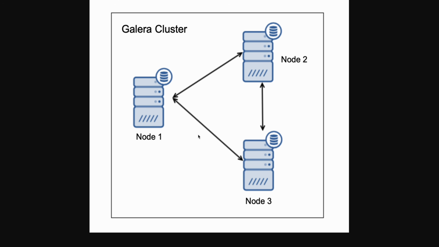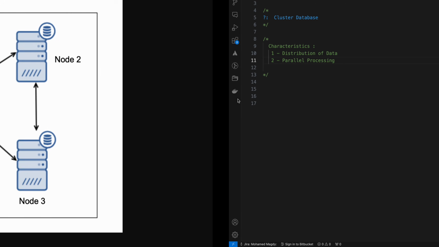So we have three nodes here. Instead of one node, we could take three requests at one time. Each node here can take one request, so right now we are doing parallel processing. Each node can serve clients.